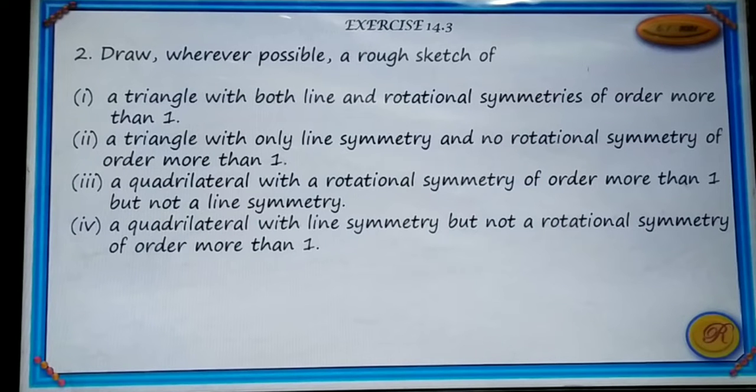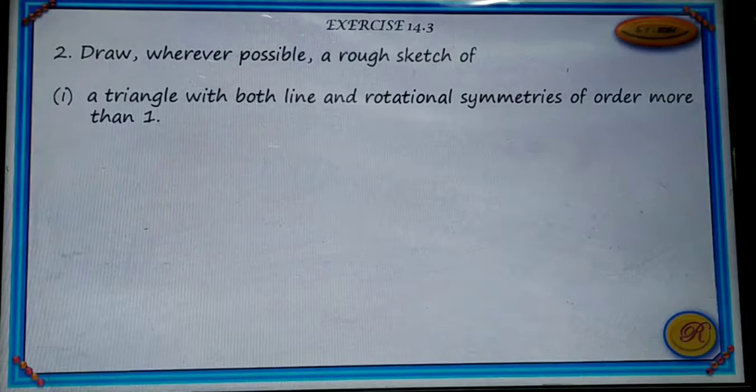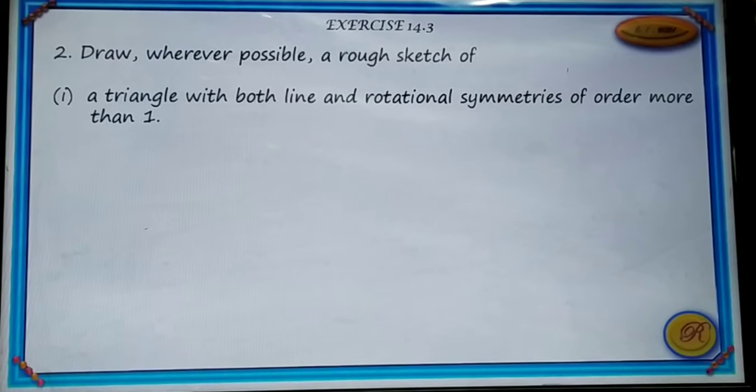Third one, a quadrilateral with a rotational symmetry of order more than 1 but not a line of symmetry. Fourth one, a quadrilateral with a line symmetry but not a rotational symmetry of order more than 1. Coming to the first one, a triangle with both line and rotational symmetries of order more than 1.